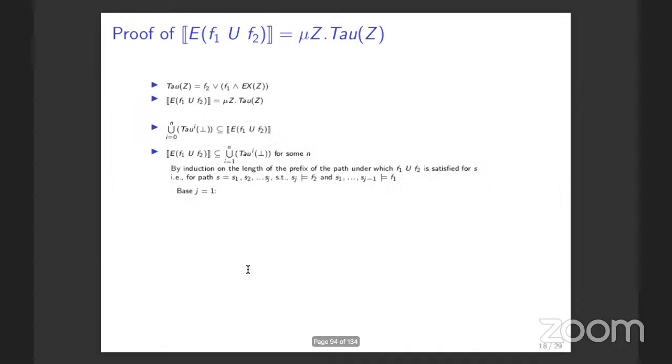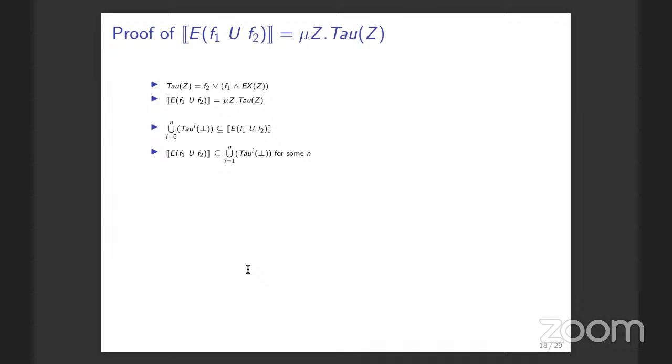So the second one again. I'm showing that every state that satisfies this formula as per the formal semantics, for every state, there is some n for which it is true.